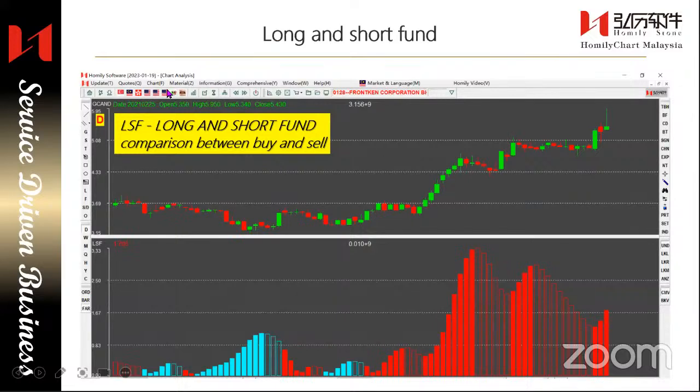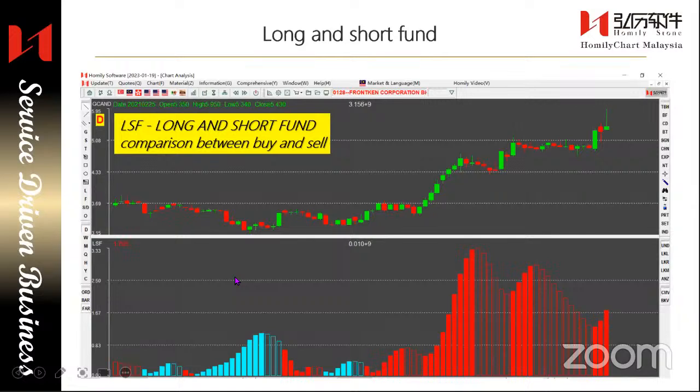The full name is long and short fund. How about this one? The deviation indicator already shows money flow in and flow out. So why is this indicator also called long short fund? What's the difference? Maybe some members can understand long the market, short the market.